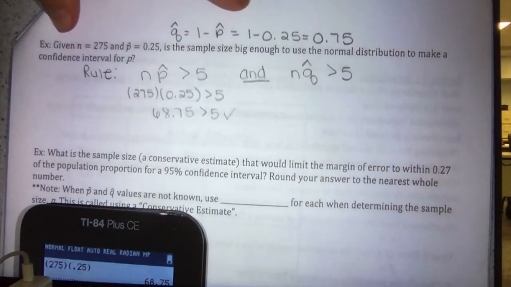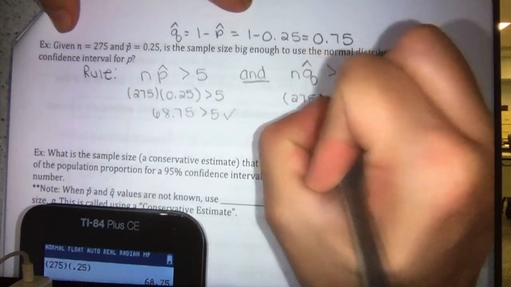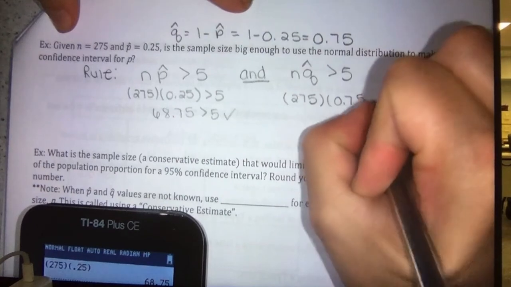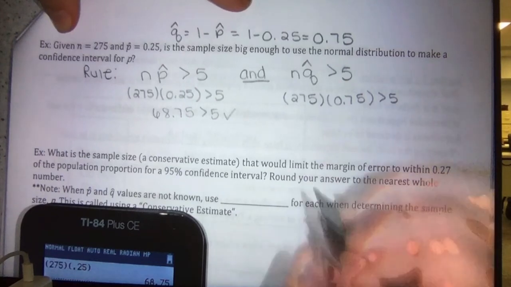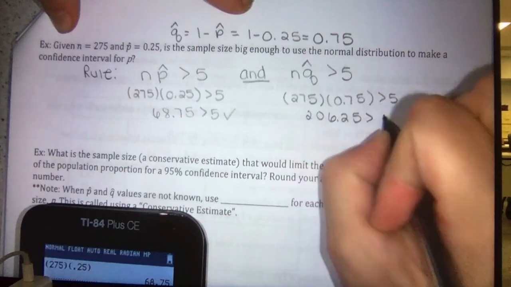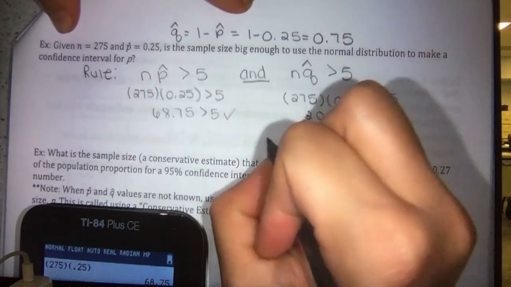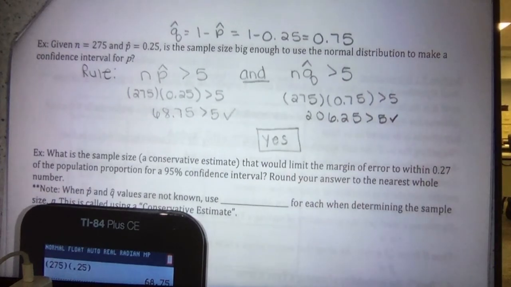Now the same for q hat: n, 275, times q hat, 0.75. That's 206.25, which is greater than 5. So our answer is yes, because it worked for both. If it did not work for either one, our answer would be no.